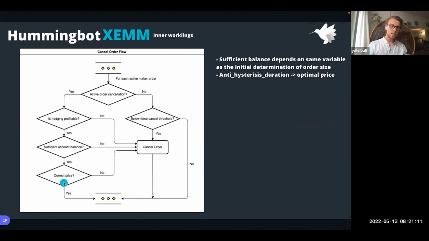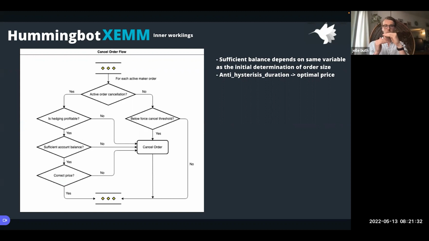And then lastly, there's another variable, correct price. What this one does, as you can imagine, is if you place a maker sell order on your maker exchange and the price moves down, but your maker order stays there, you're actually better off canceling this order and replacing it with a new one lower, so you hold a better position in the order.